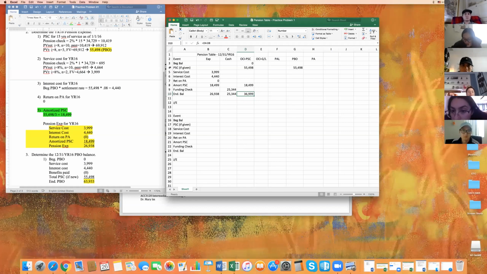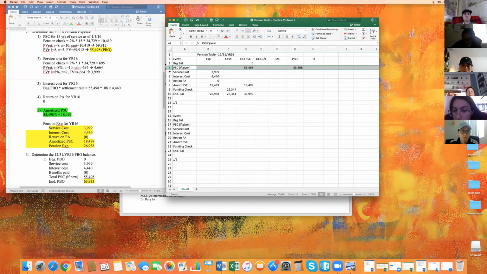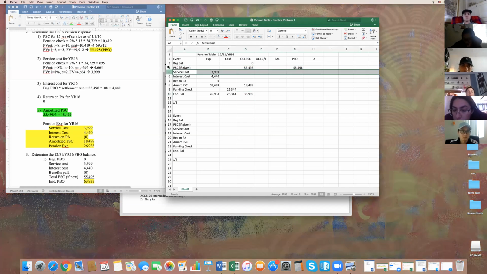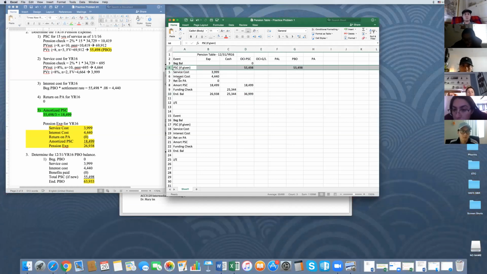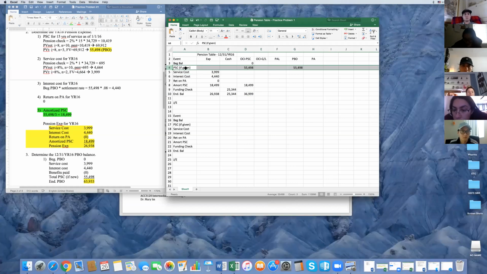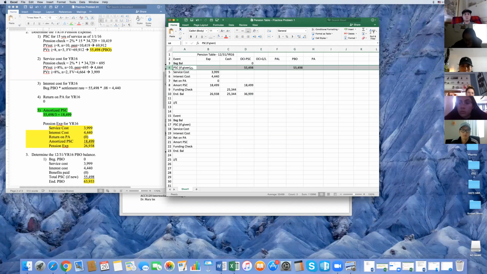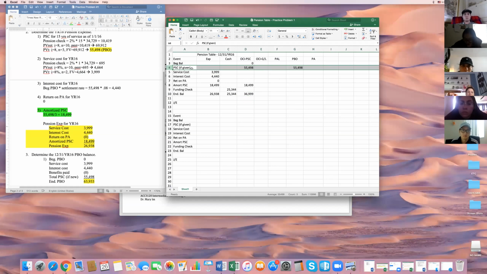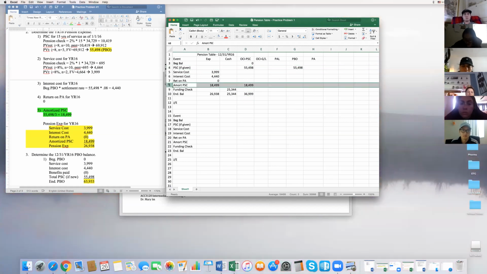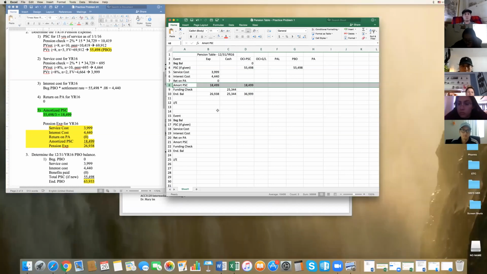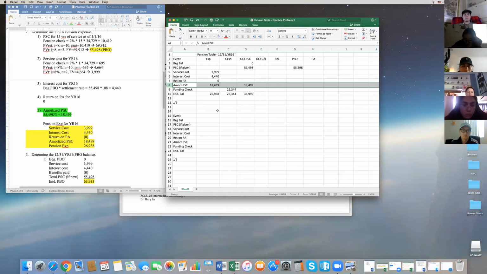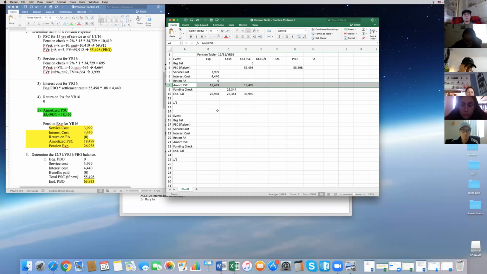You may have noticed already, but each row is a journal entry. So for prior service cost, if it's new, we debit OCI prior service cost for $55,498, credit PBO for $55,498. Right here, for amortization of prior service cost, we debit pension expense for $18,499, credit OCI prior service cost for $18,499.